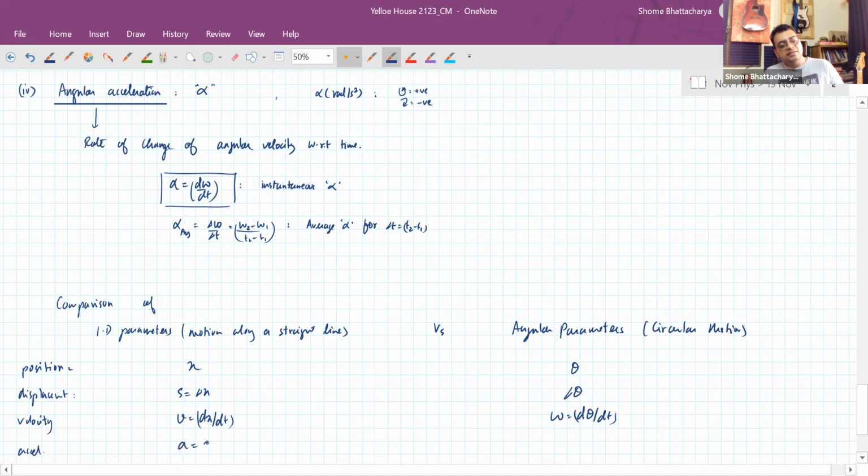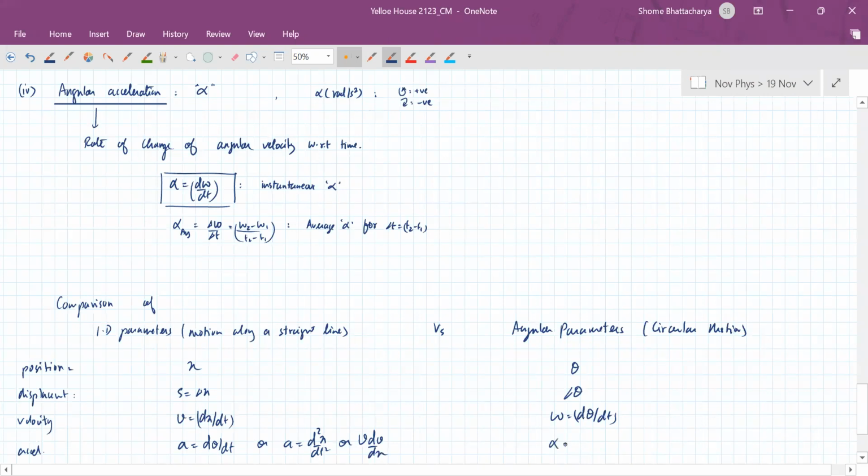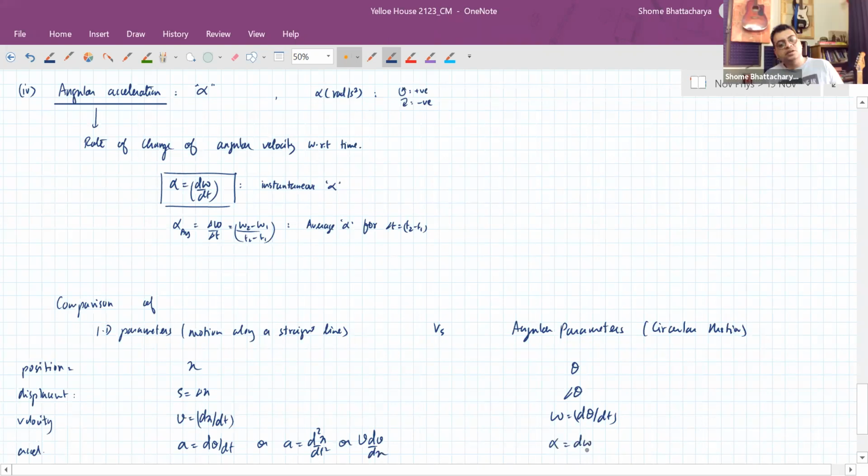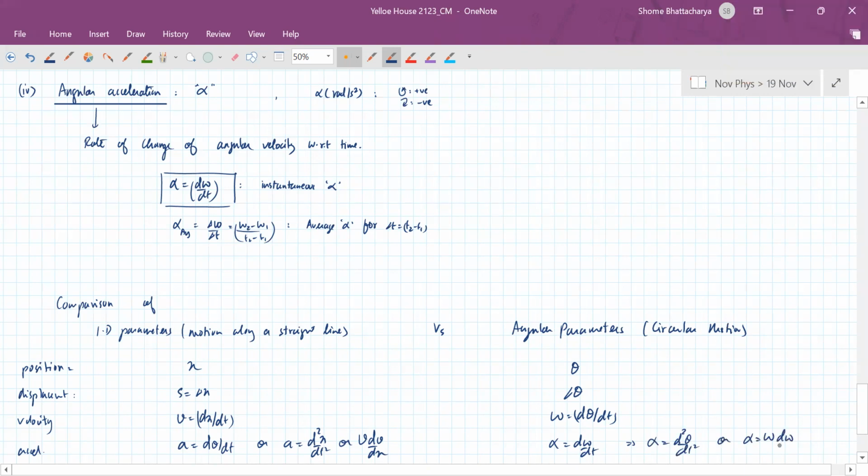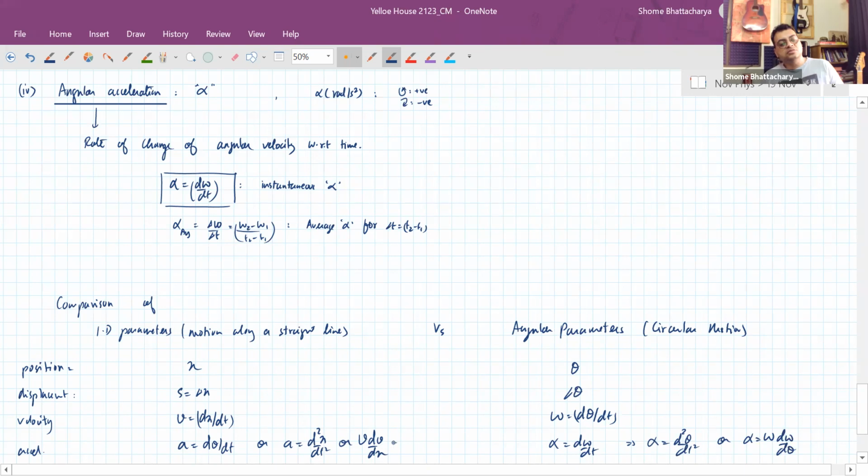So in 1D motion, the acceleration is dv by dt, or we can also describe it as d2x by dt square, or v dv by dx. So here we have angular acceleration alpha, which is d omega by dt, which also means that the angular acceleration can be expressed as d2 theta by dt square, or as omega d omega by d theta, just like this one.